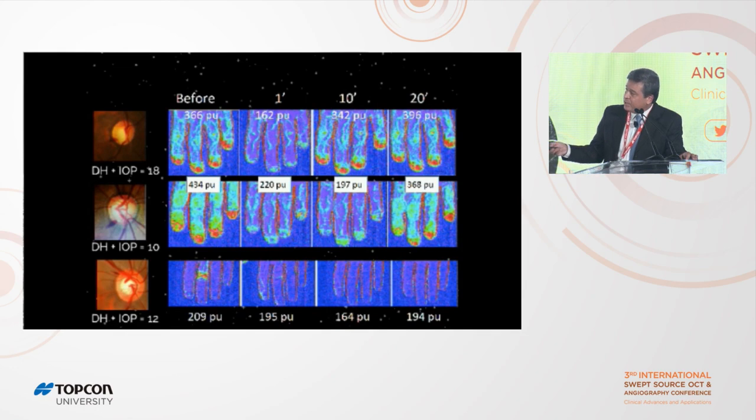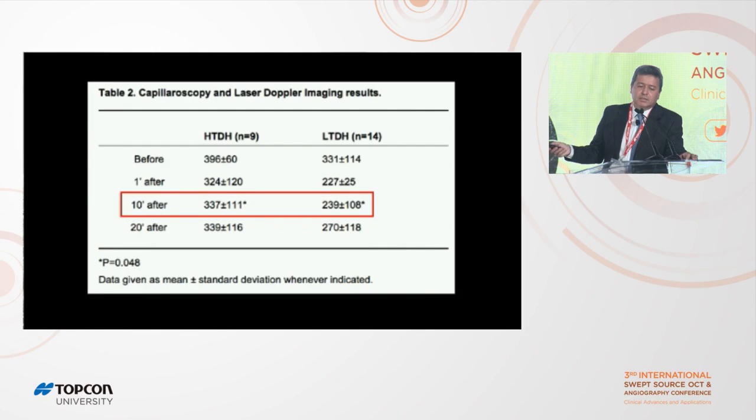And we also have this patient with normal tension glaucoma and disc hemorrhage that, even at the beginning of the test, before the provocative test, has a huge blood flow abnormality. And this is the difference 10 minutes after, between the high and the low disc hemorrhage. What does it mean?